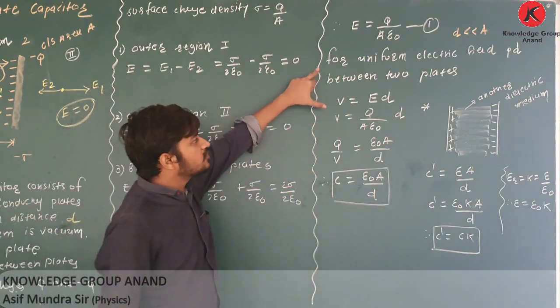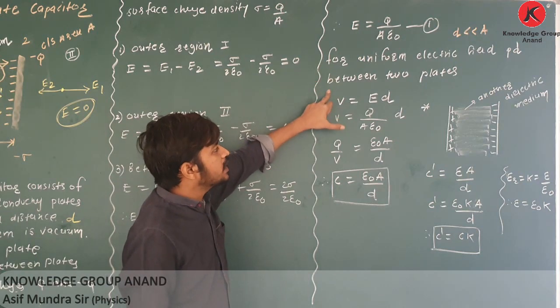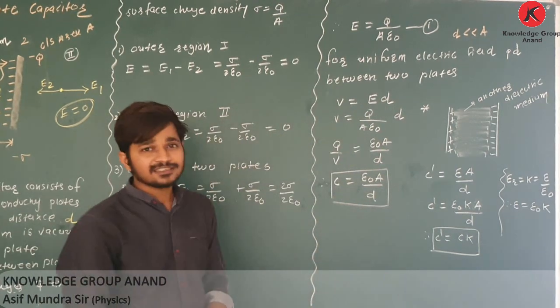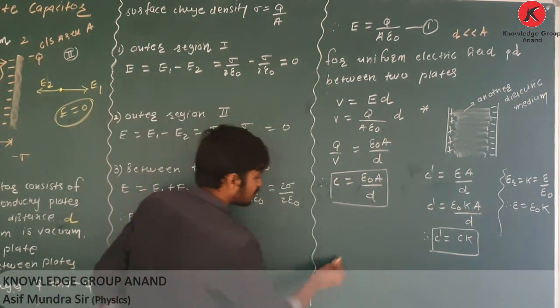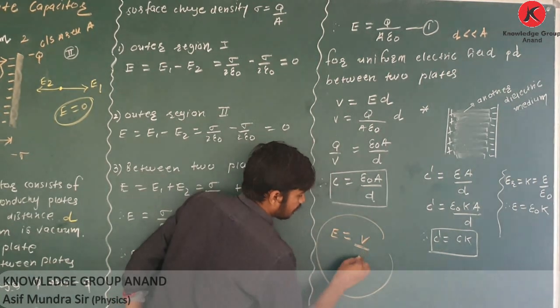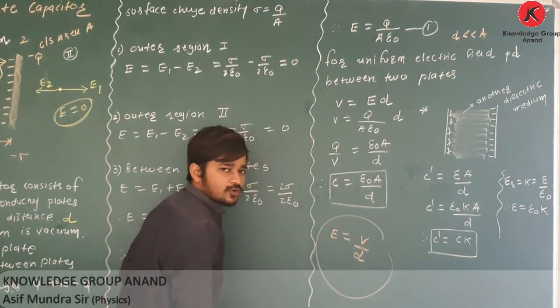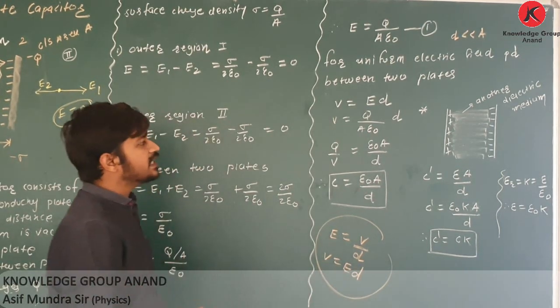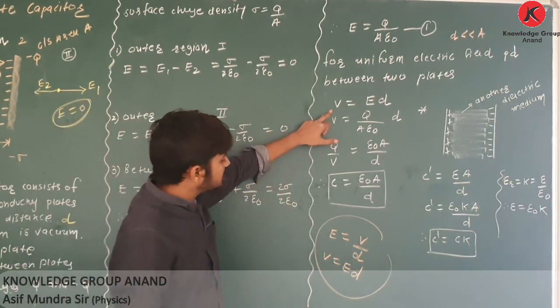Now for this uniform electric field, the potential difference between two plates is V equal to E d. If you remember, E is equal to V upon d, then V is equal to E d. So you have to remember this equation.